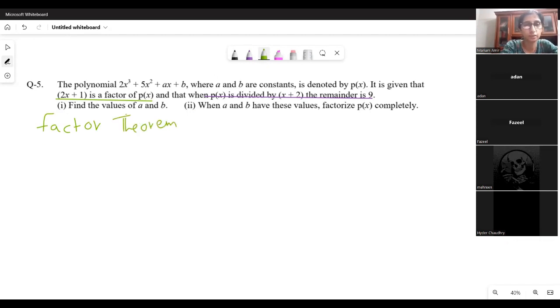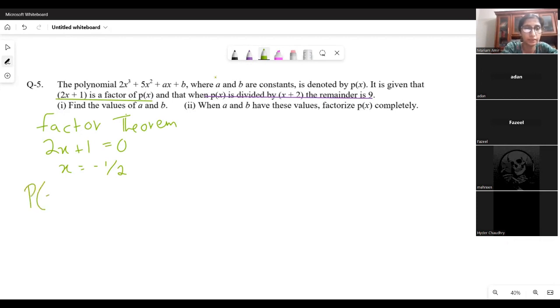Okay. For factor theorem, you start with equating this to 0. You equate the divisor to 0, you get x equals minus half. Then you substitute that in p(x).